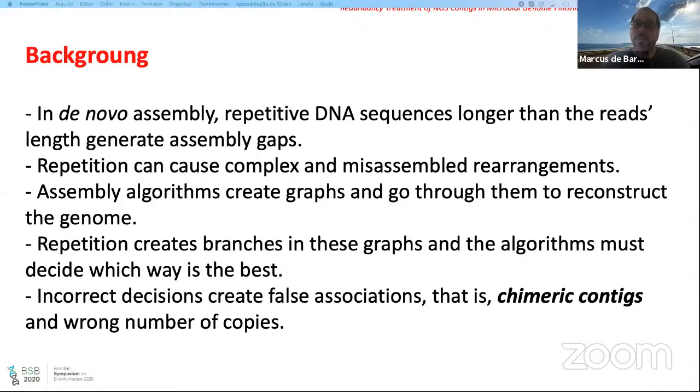Most assemblers have addressed this problem, in particular overlap-based and de Bruijn-based methods. Both create graphs of different types from the sequencing data. Repetitions can cause ramifications in these graphs, and the assemblers must guess which branch to follow. Incorrect decisions create false associations, generate chimeric contigs, and wrong copy numbers.